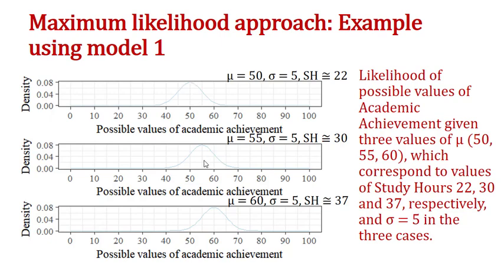Okay, so basically we have to come up with a model that produces mu that are as close as possible to the actual value, and then the sigma here I fixed to 5, but in the actual maximum likelihood approach, this is actually estimated as well.